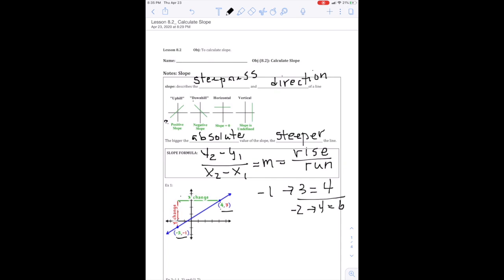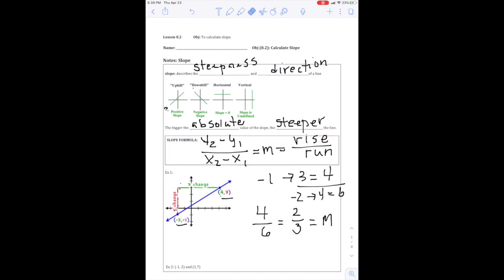So when I reduce 4 over 6, I get 2 over 3. So the slope of this particular line is 2 over 3 equals m.